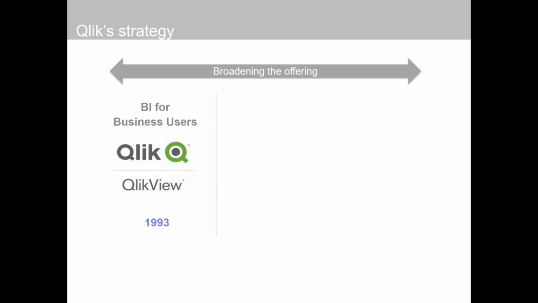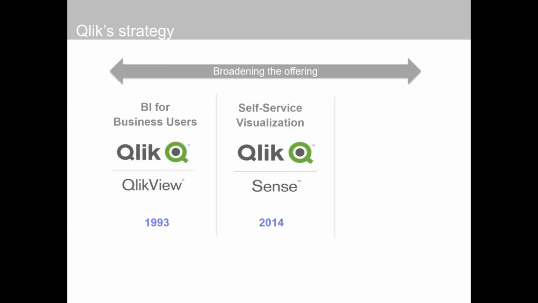1993, long time ago, QlikView was released, and there are tens of thousands of QlikView customers around the world. In 2014, Qlik released Qlik Sense, which was their self-service visualization tool. And in 2015, Qlik bought a company called Vizuri and added NPrinting into their product range as well.